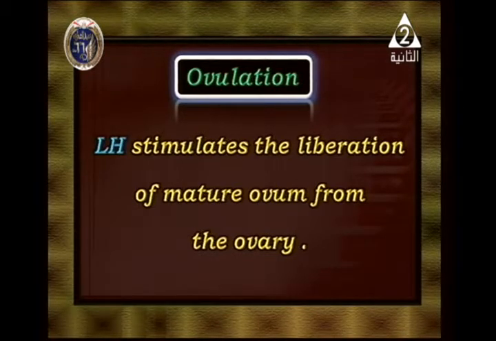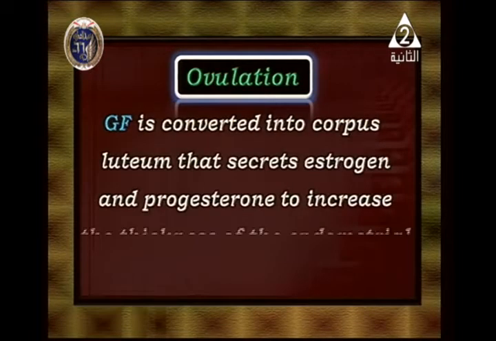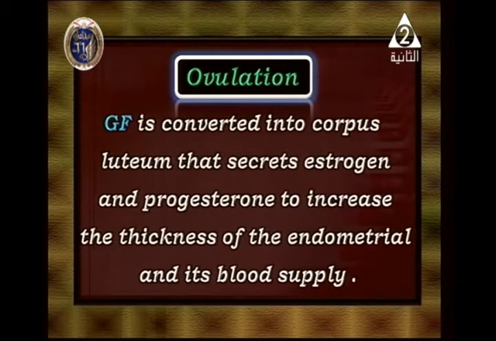This hormone is responsible for the formation and activation of the mature ovum inside the ovary. The Graafian follicle is converted into the corpus luteum, okay, that secretes estrogen and progesterone hormones, to increase the thickness of the endometrial wall.